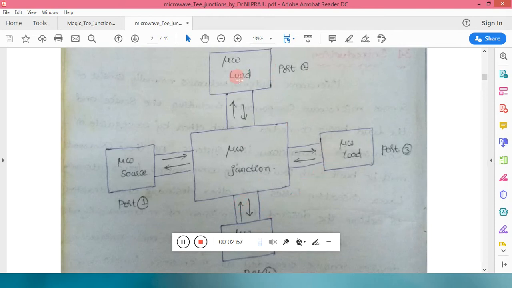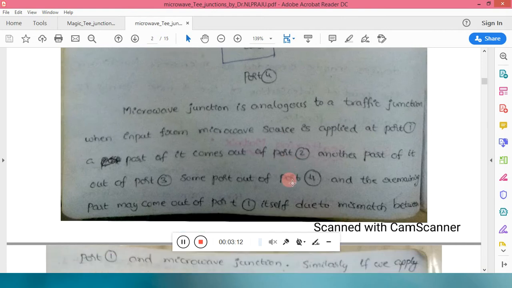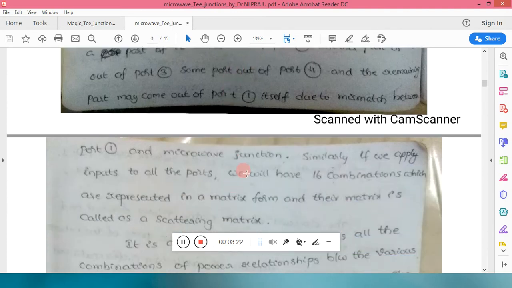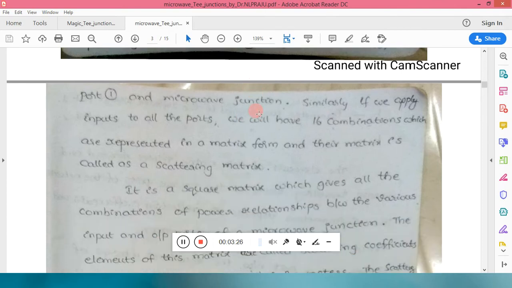Due to reflections from the loads, and due to reflections from the junction, the signal may come back like this. So it is similar to a traffic junction. The output may come from port 2, 3 or 4. Due to mismatch, some power will get back to port 1.